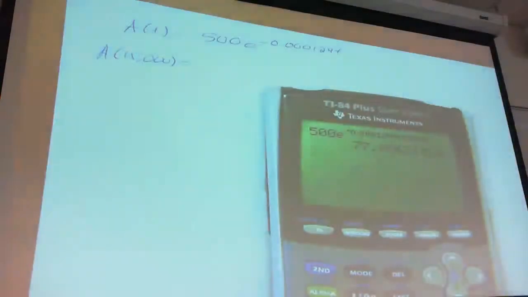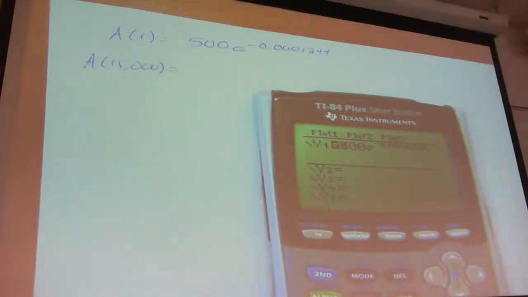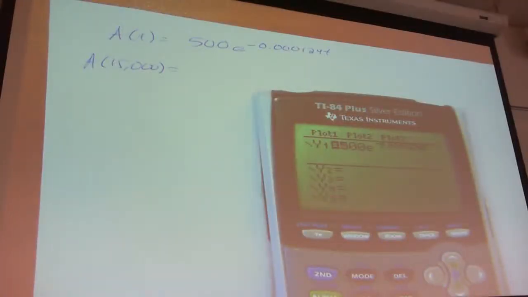I'll remind you that the equation is 500e to the negative 0.000124x. Get that in first. The window is 0 to 50,000, counting by 10,000s, and 0 to 500, counting by hundreds. So get the graph first.